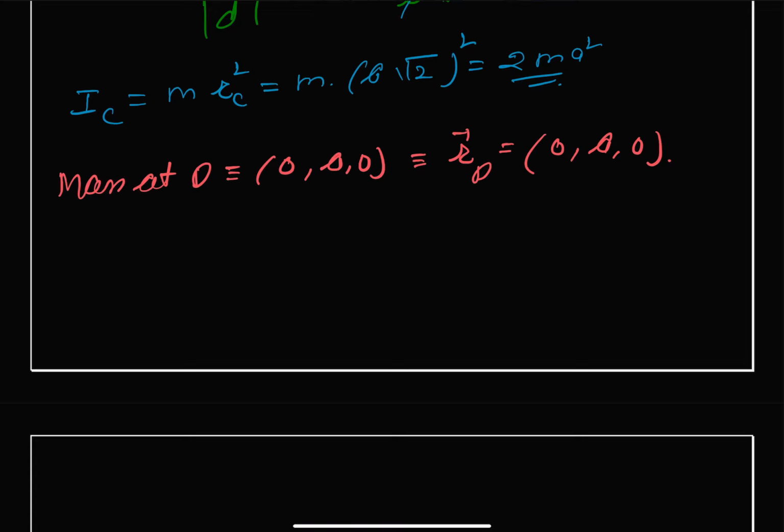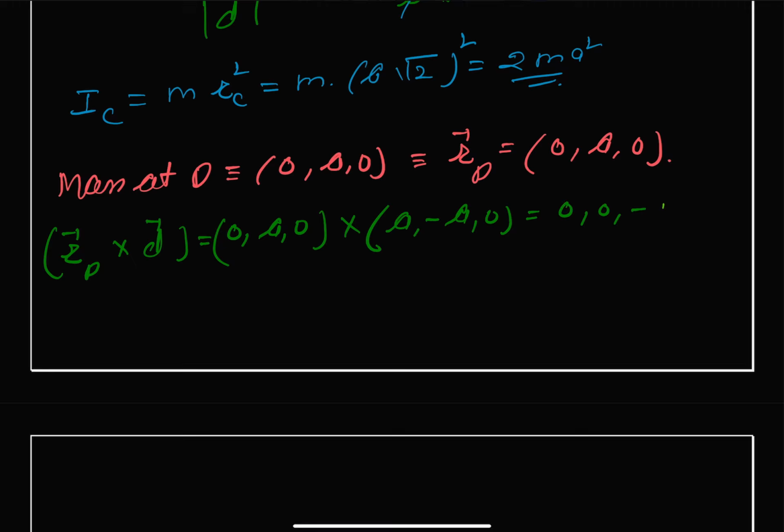We can find out its cross product, that is our r of t cross d, and we are left with 0, a, 0 cross, we have this as a minus of a and 0, which gives us 0, 0, minus a square.